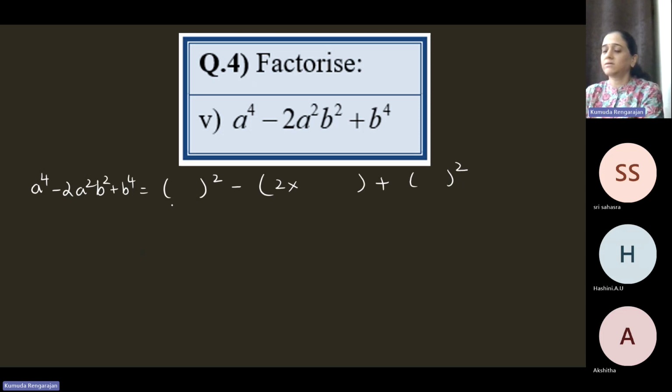Fill in the blank. Fill in the spaces. A square, B square. A squared into B squared. So, A minus B square. This is of the form x the whole squared minus 2 into x into y plus y the whole squared.